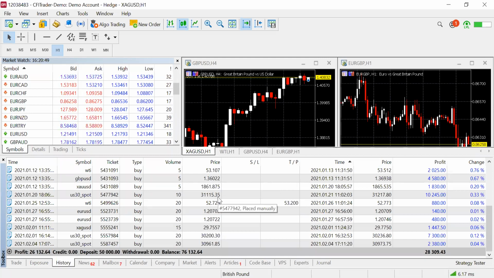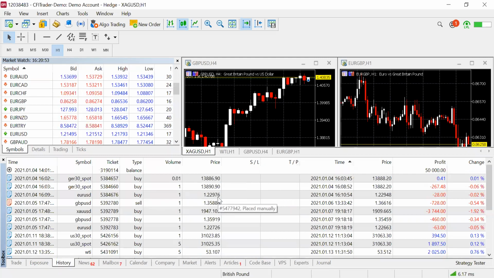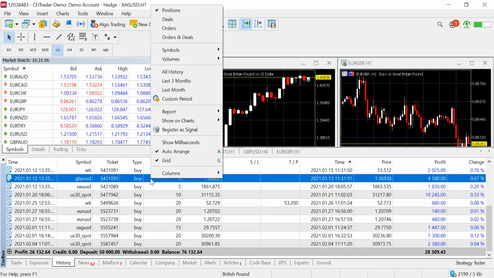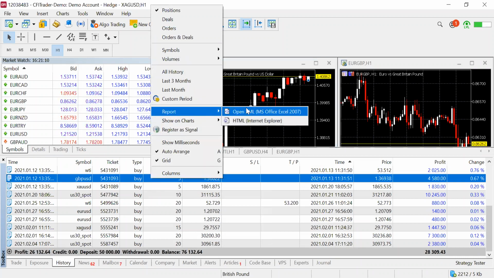And then here you have pretty much all the history of your trades since you first opened your first position. You have 2 options. You can see it here as it looks on the platform, or if you'd like to export it to your Excel spreadsheet, you simply right click and then in Report, you have this option, and it will save the document and open it up in Excel.